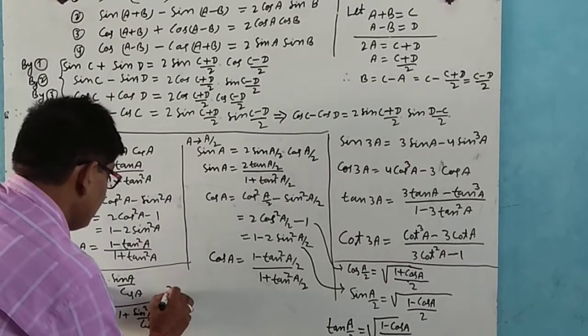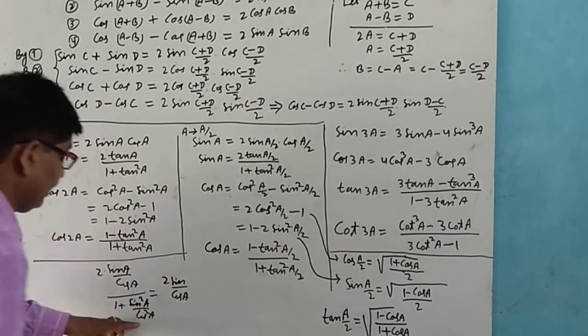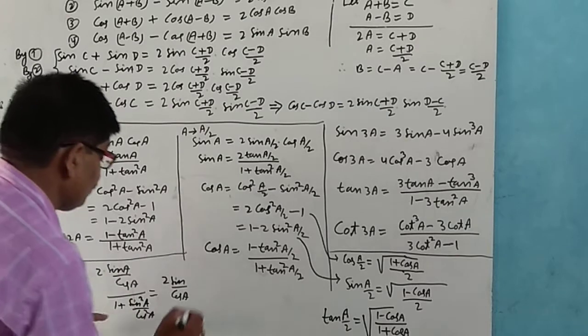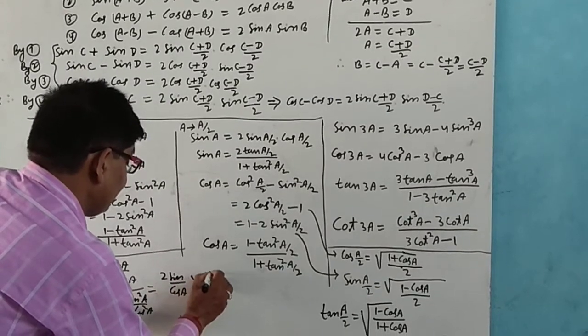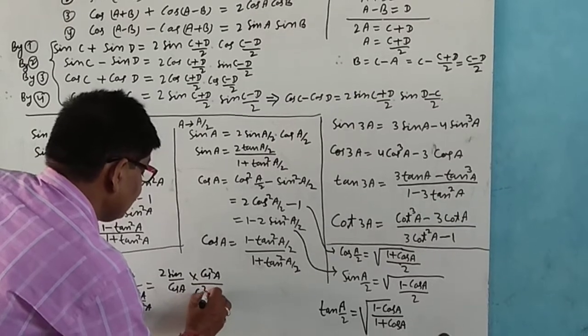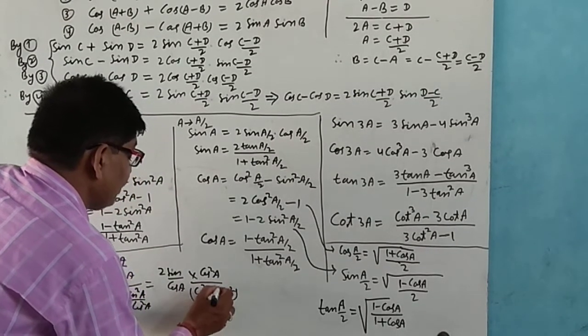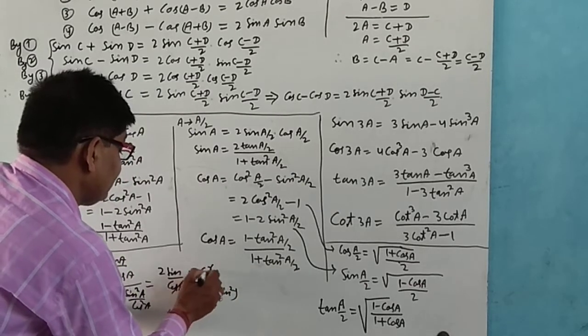Now 2 sin a divided by cos a, and this comes to (cos square a plus sin square a) divided by cos square a, and this becomes 1, and this cancels this.